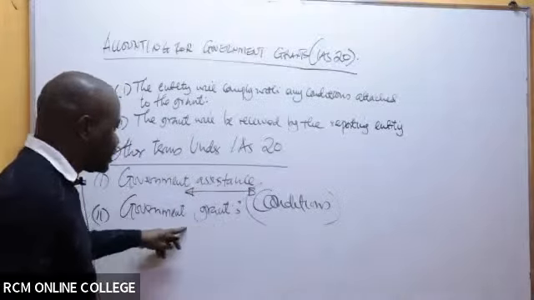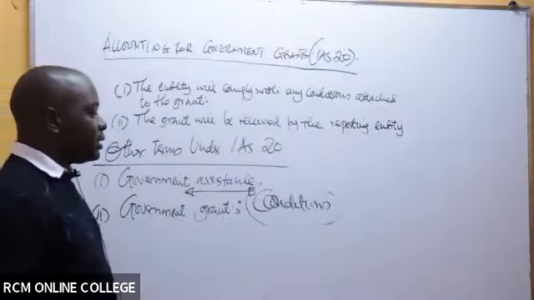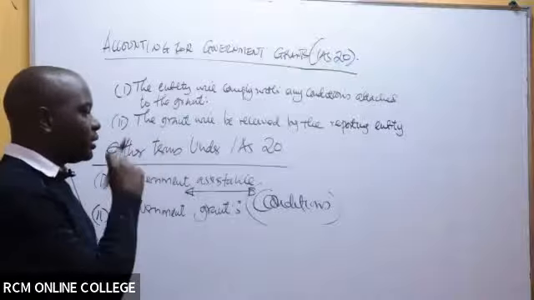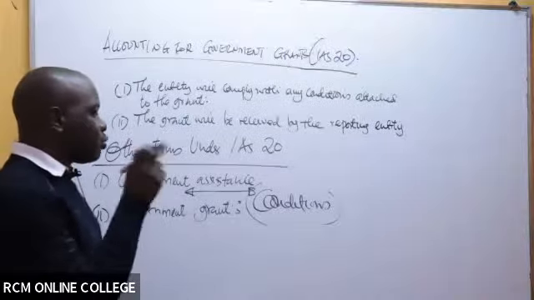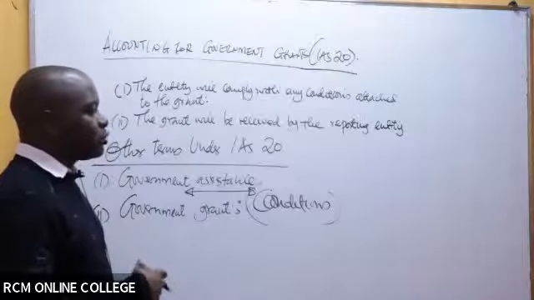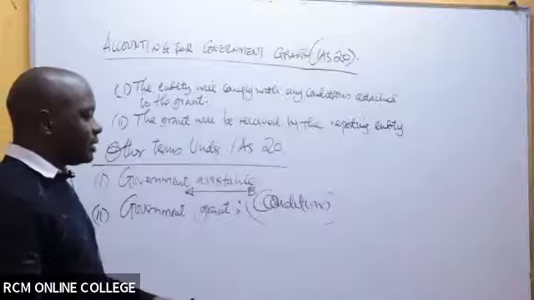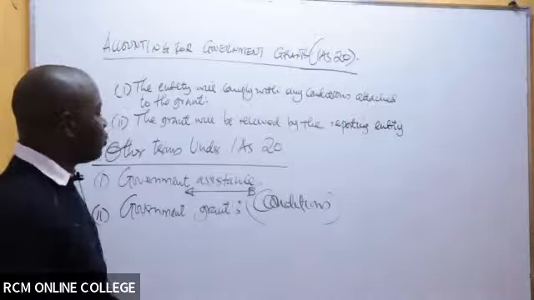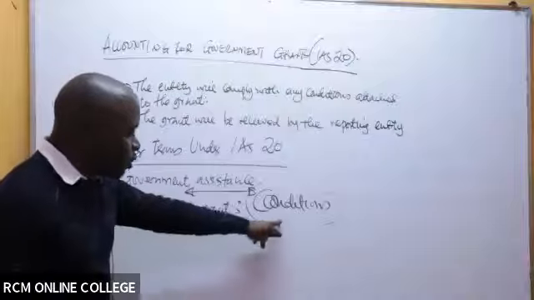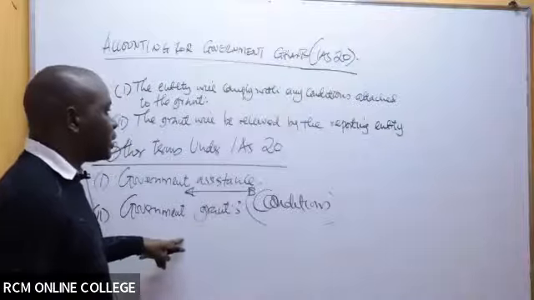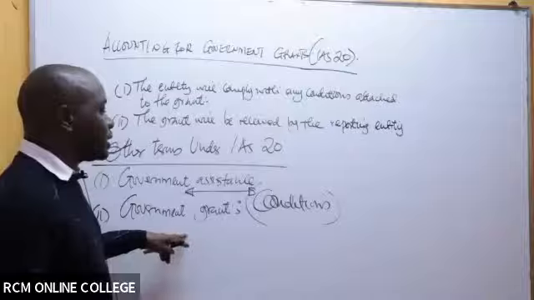But with a grant, the government gives you the money, then gives you, for example, condition 1: this is what you must do, report back to us how you've spent the money. Condition number 2: you must provide this kind of licensing for us to provide you with the grant. So they give you conditions under a grant to fulfill. Otherwise, we won't be able to say that it is a grant.